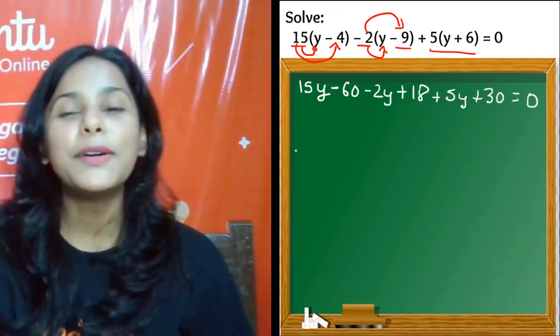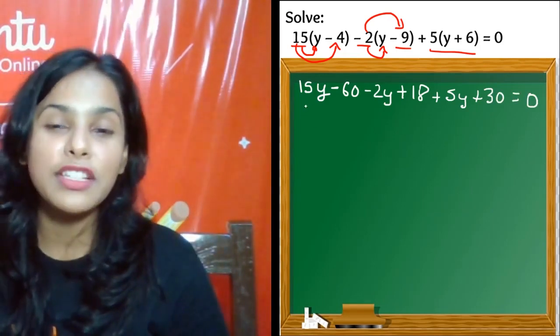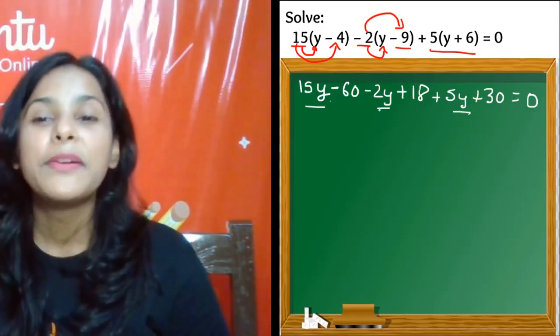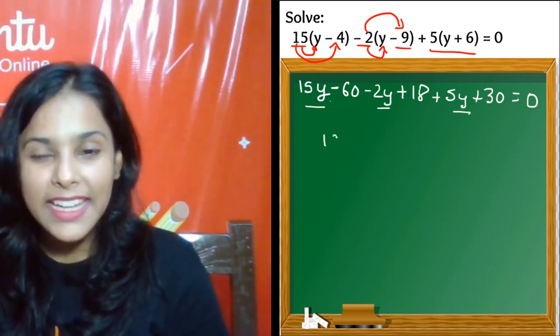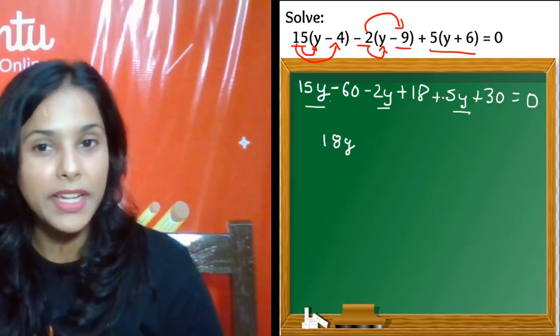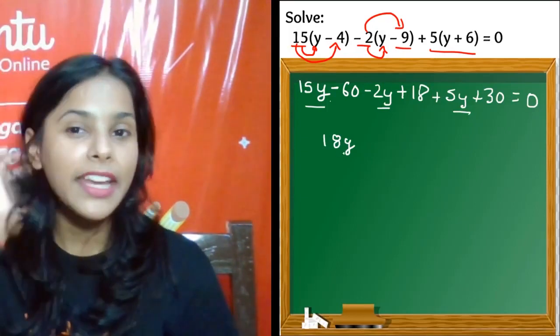Now let's solve the variable terms. 15y minus 2y plus 5y is 18y.